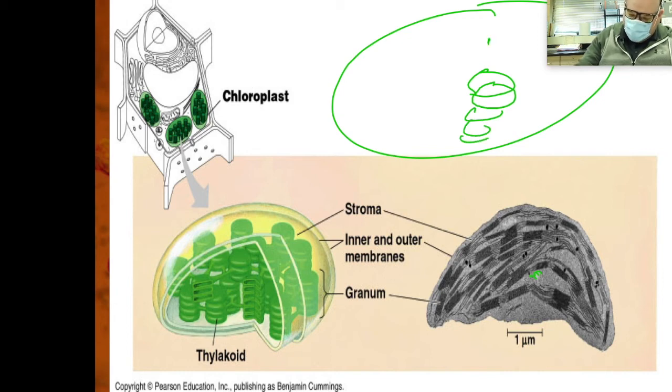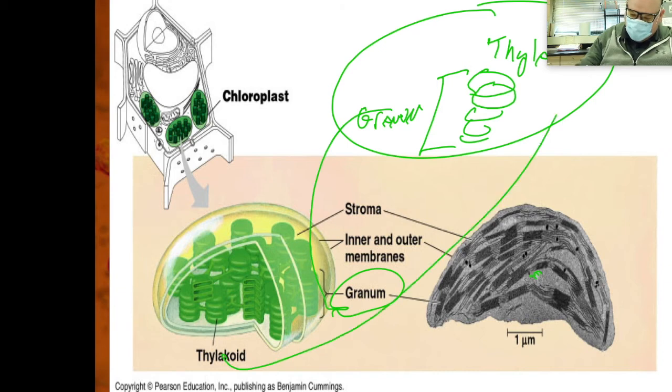So this is the thylakoid. And a stack of thylakoids is called a granum, which you can't read, but the word is right here and here.